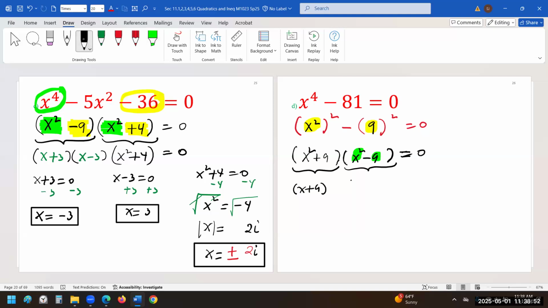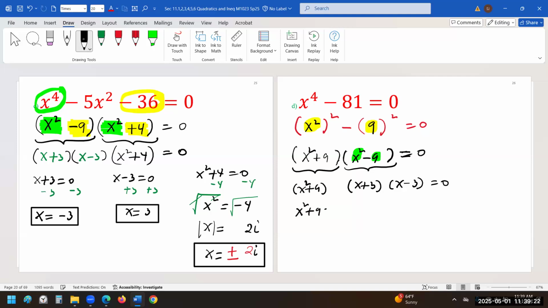So what 2 factors do we get from here? x plus 3, x minus 3. Which one? You carried out x plus i. Yeah, good observation. Thank you. I forgot my square. x squared plus 9, and then x plus 3, x minus 3.